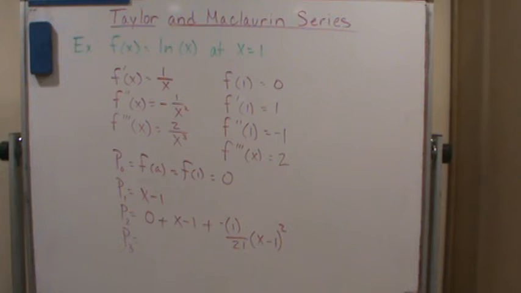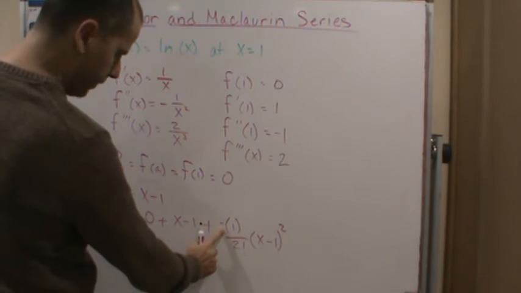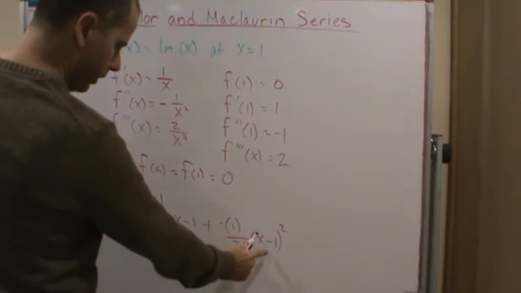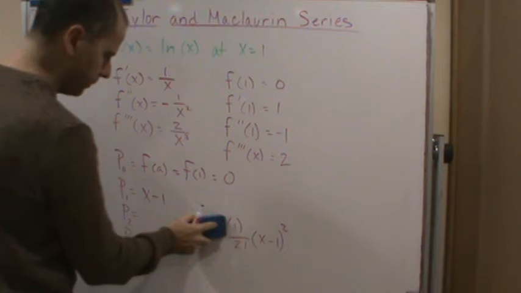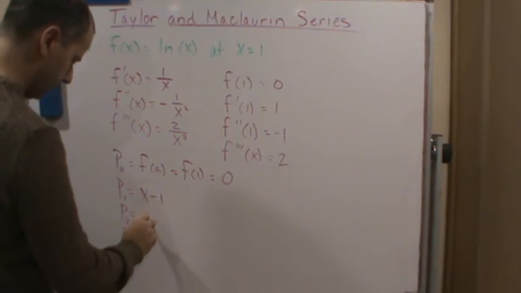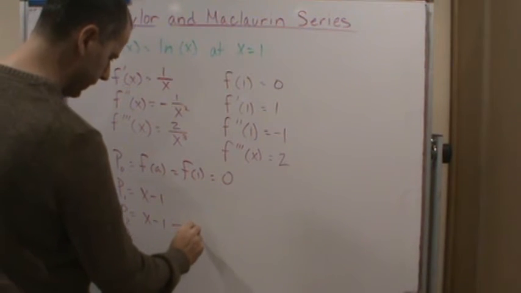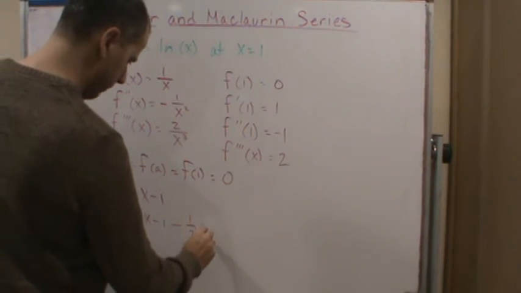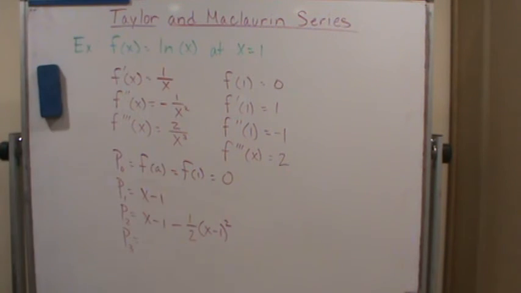And so what do we get? Well, now this becomes negative 1/2 times this. So our polynomial, if we simplify this, is going to be x minus 1 minus 1/2 times x minus 1 squared.